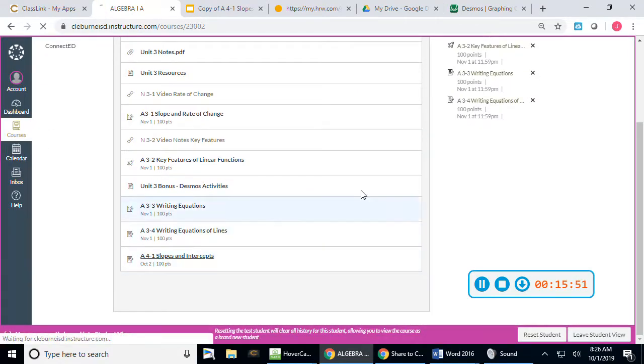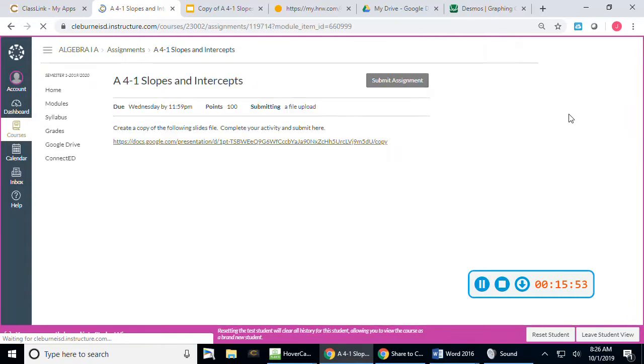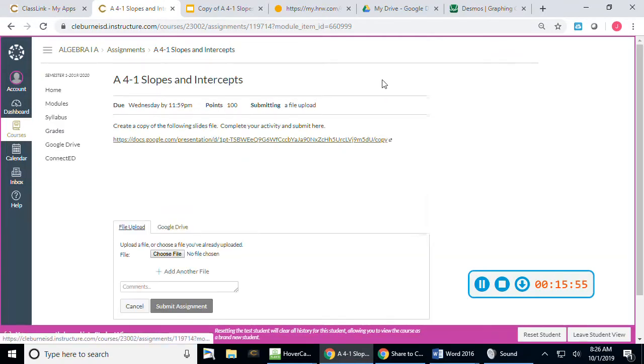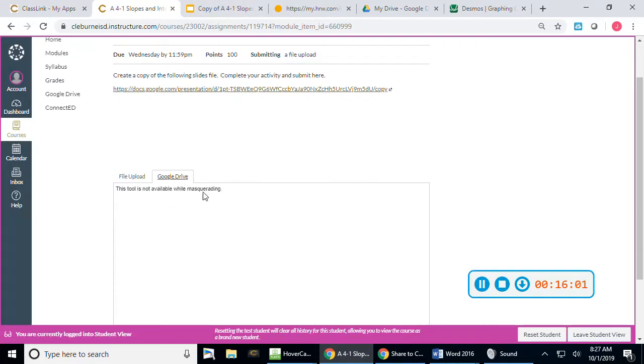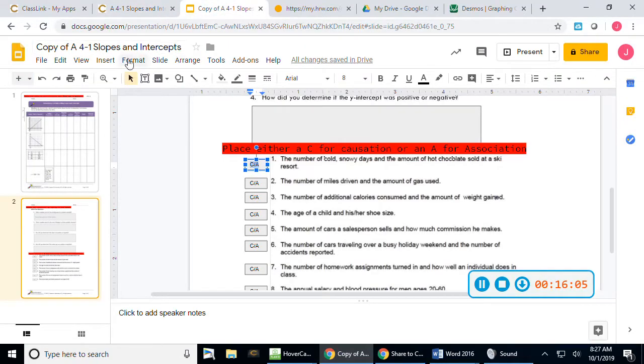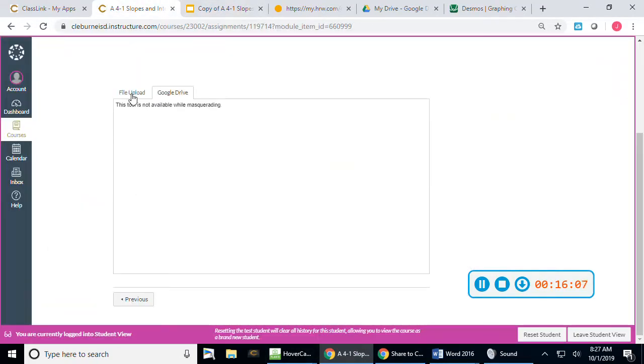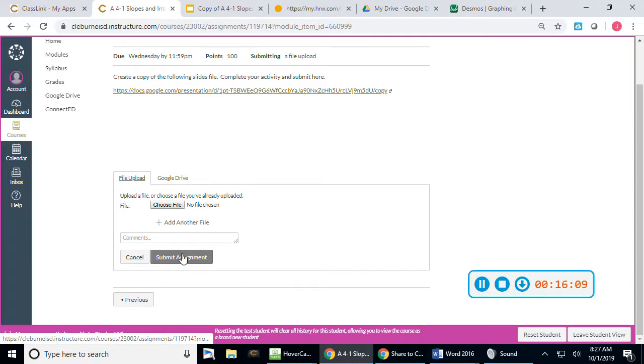Let me show you what this looks like. So you're going to go here. When you get ready to submit, you'll click submit, and you're going to go to your Google Drive. Then you'll search for this name, and then you can click submit assignment.